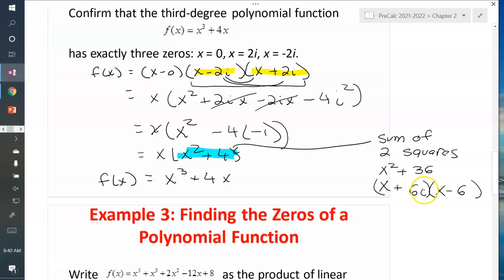Because remember, i squared is negative 1. It changes the sign on our last term. So that's how I get the plus for plus 36. So factoring sum of two squares, do the same thing as you do for difference of two squares. The only difference is throw in the i's right there and right there. Put your i's in.